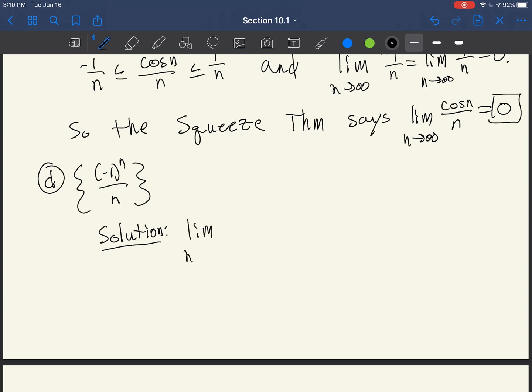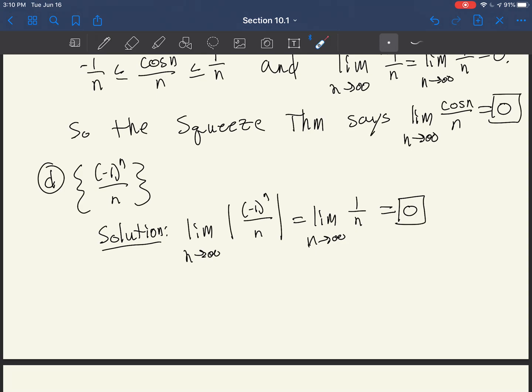We look at the limit as n goes to infinity of the absolute value of (-1)^n over n, which is just the limit as n goes to infinity of 1 over n, which is 0. So the theorem after the squeeze theorem tells us that the limit of our sequence without the absolute value must also go to 0.